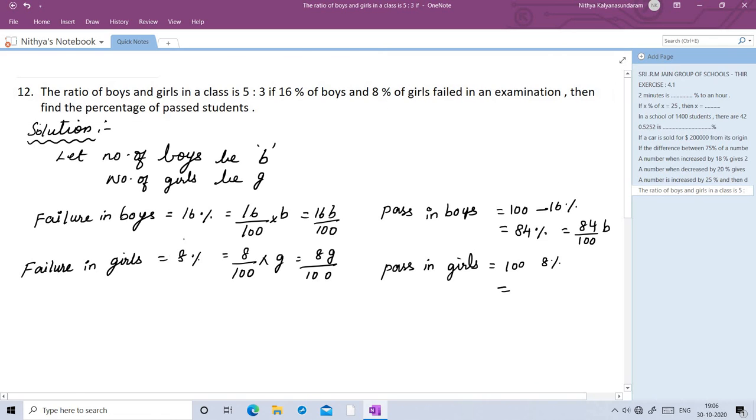So 100 minus 8% is 92%. So 92 by 100 girls. So pass is 92 by 100. Failure is 8 by 100.